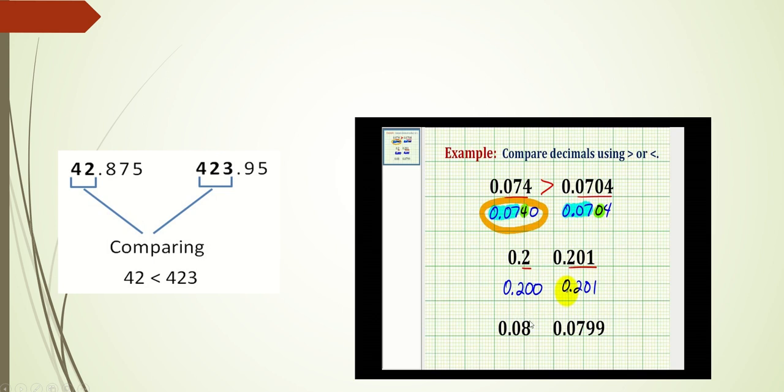On left hand side, I have only 2 decimal places. So how will you make 4 decimal places here in 0.08? Yes, by putting 2 more zeros here. Then you can compare both.